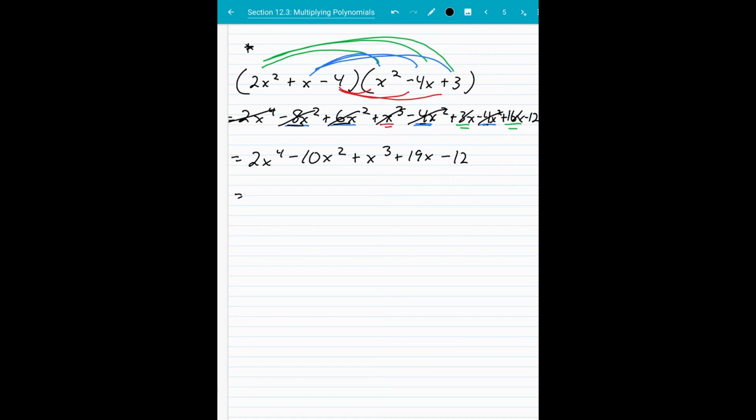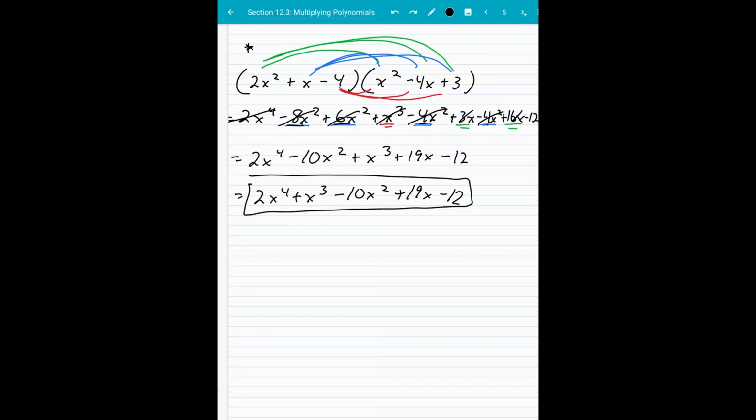We can rearrange it to have it in descending degree order, meaning I want to put this right after that 2x to the fourth, so I'm going to rearrange it because of the commutative property. 2x to the fourth plus x to the third minus 10x squared plus 19x minus 12. Essentially swapped this one and this one so that they're in order. And there's your answer.